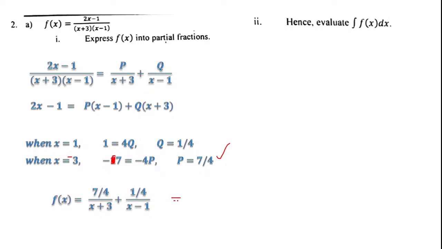Another student may equally decide to write this as follows: 7 over 4 into x plus 3, plus 1 as a numerator, all this on 4 as a denominator, into x minus 1. So you can equally write it like this. It will be okay.